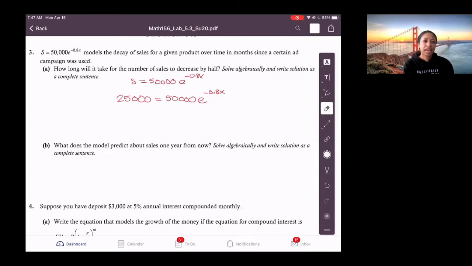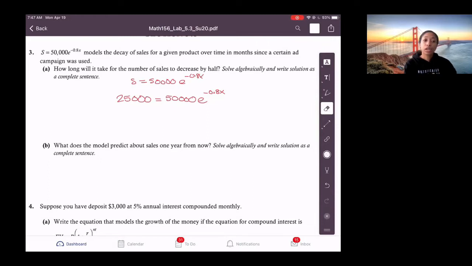So basically, this is saying that for some company, they ran an ad campaign like a commercial, right? And when they did that ad campaign, of course, that would increase sales. But once that stopped, over time, their sales started to decrease. So that's what this is saying. It models the decay of their sales after that ad stopped running.